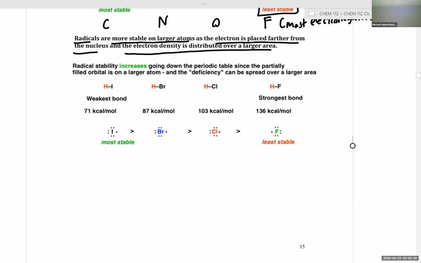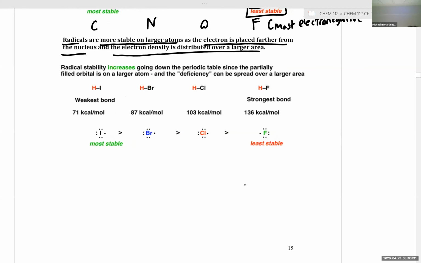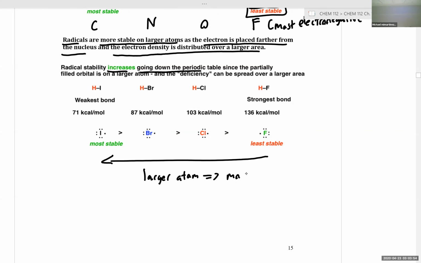So radical stability increases going down the periodic table as we can distribute our electron density over a larger orbital area. That's why as we go from fluorine to iodine, we have a larger atom, which in turn means we have a more stable radical.